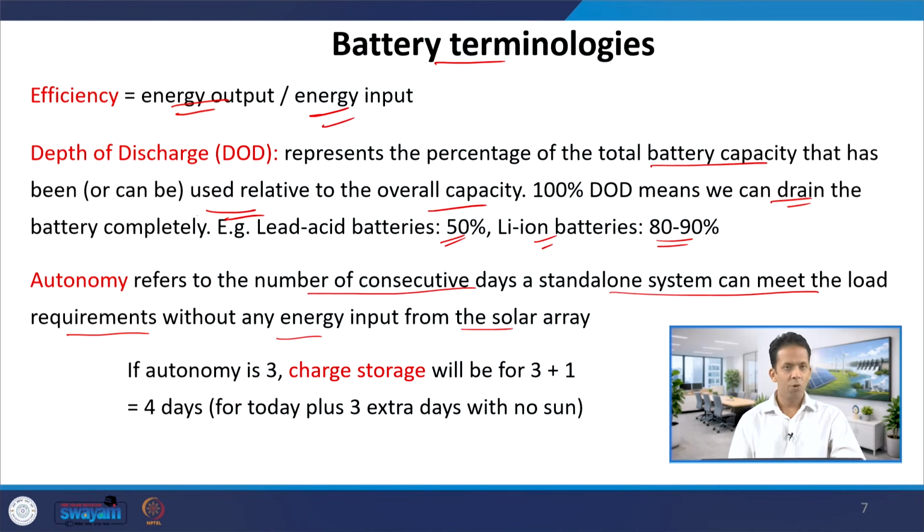Okay, so if autonomy is 3, charge storage will be for 3 plus 1, 4 days, because 1 day would be for today and 3 extra days with no sun. So for a typical region, if we know that the sun won't be available for 2-3 days or 4 days, accordingly autonomy can be decided and the battery backup system can be designed.